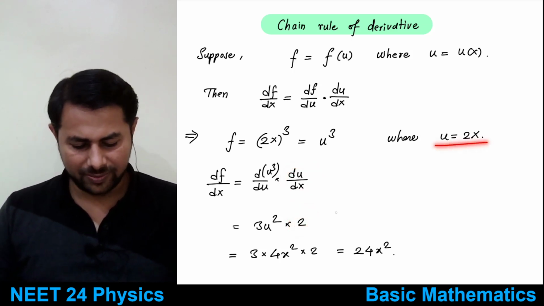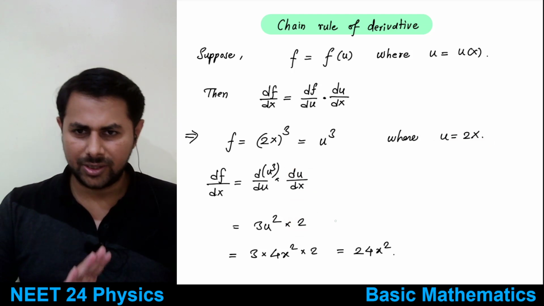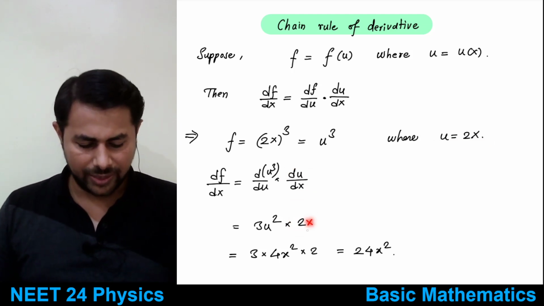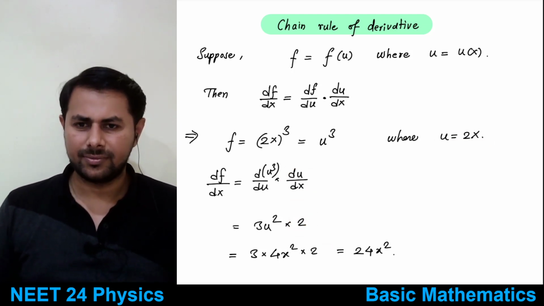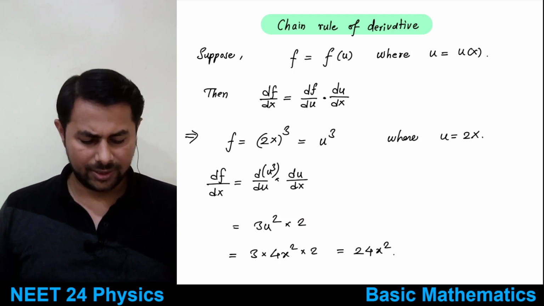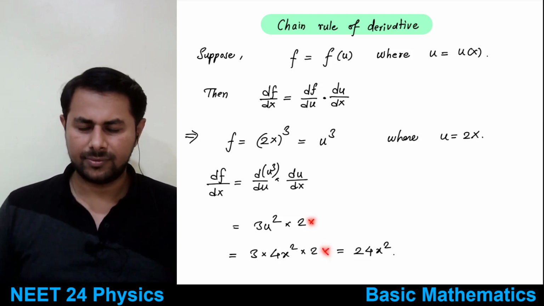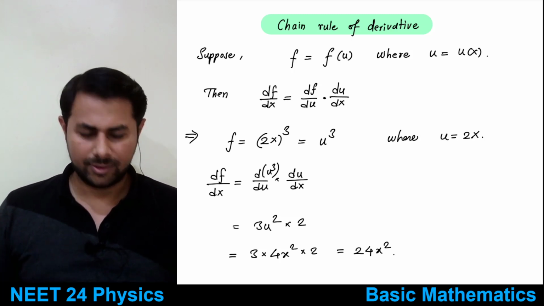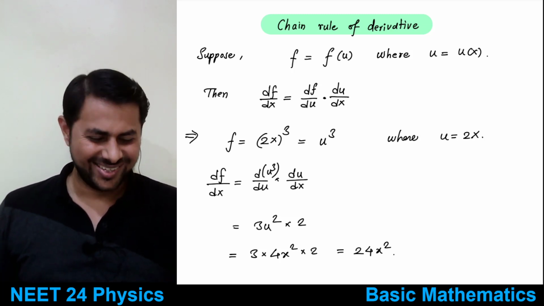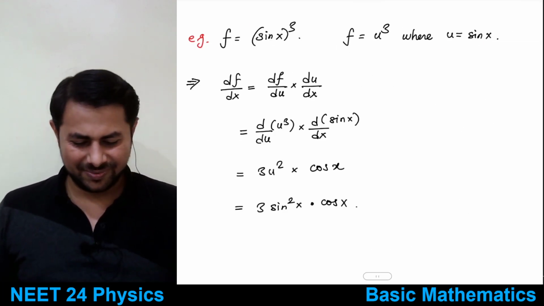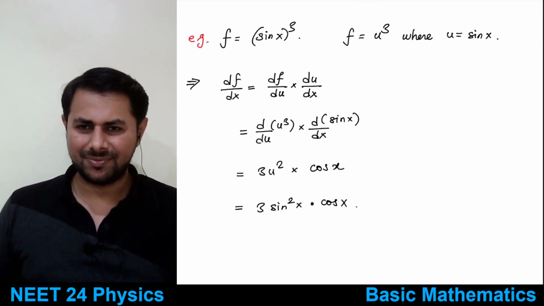U is 2x. Its derivative is just 2. I wrote 2x there. Okay, that was the mistake. Silly mistake. Anyways, do you have any question till this point?